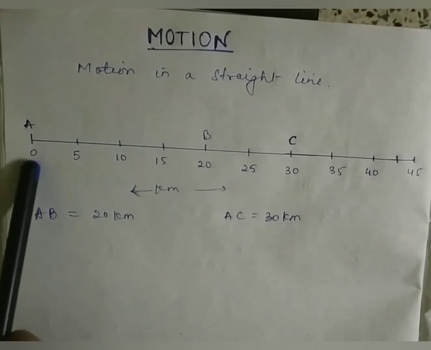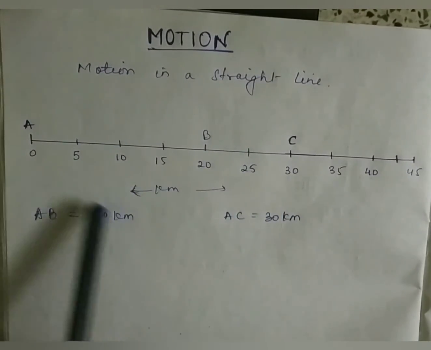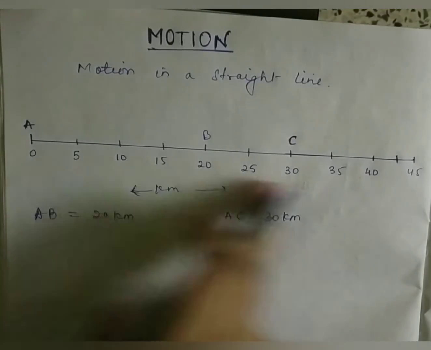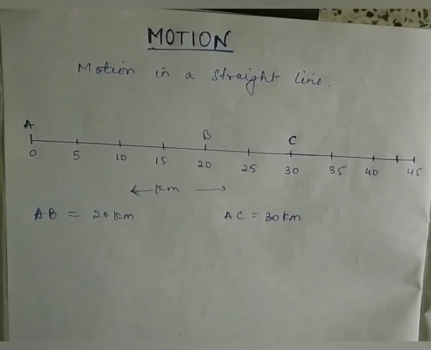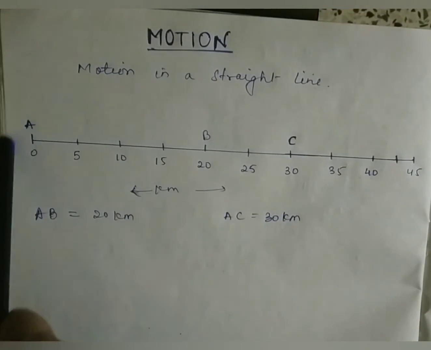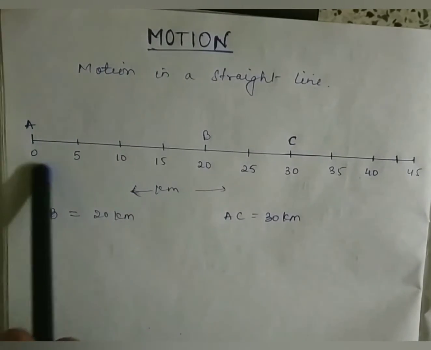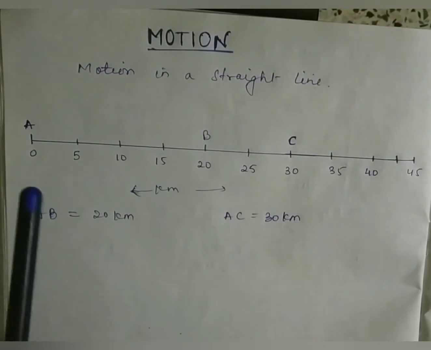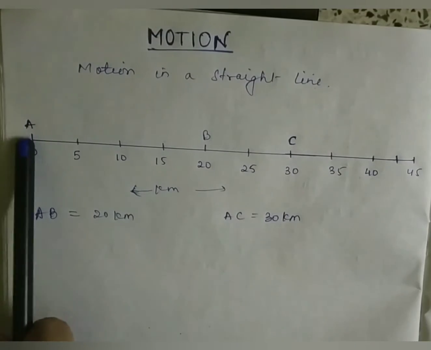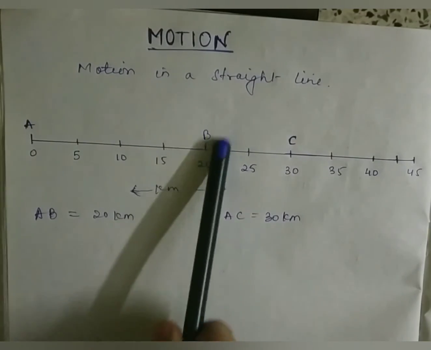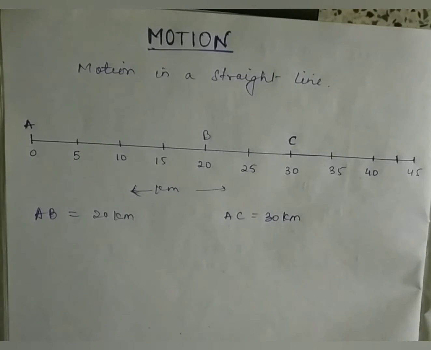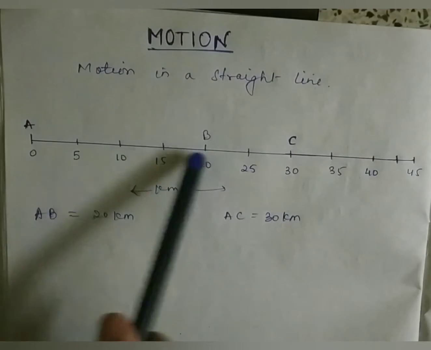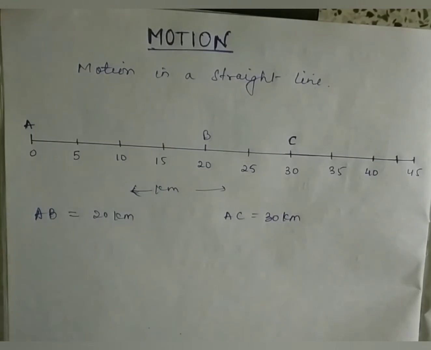Here I have taken a number line and I have marked the distances on this number line in kilometers. So all the distances here are in kilometers. Now if we take your starting position to be position A, which is marked as 0 kilometers, and suppose you have traveled 20 kilometers to position B. So what is the distance traveled by you from A to B?